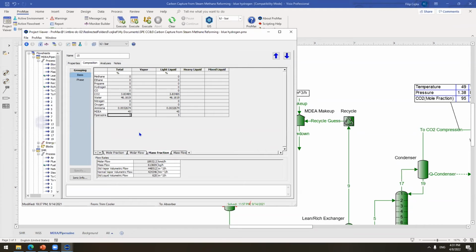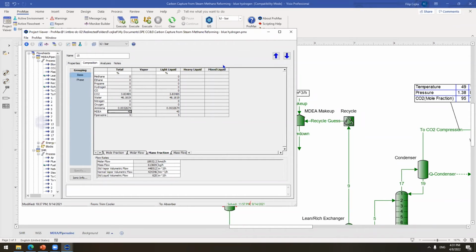But that was for the case with H2S. Since there's no H2S, there is less limitation on using more piperazine. So you can use about 5% piperazine, and that's totally fine because it's just carbon capture. And the MDEA, it's about 45%. So we use just a little bit of piperazine to activate the MDEA, and then the MDEA does the work.